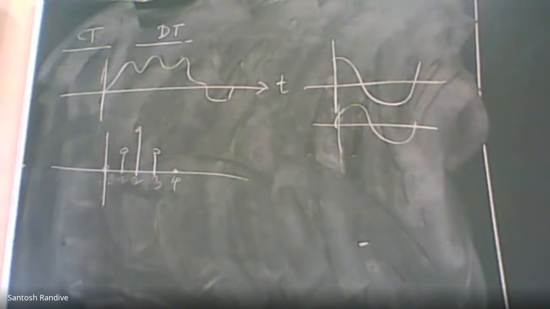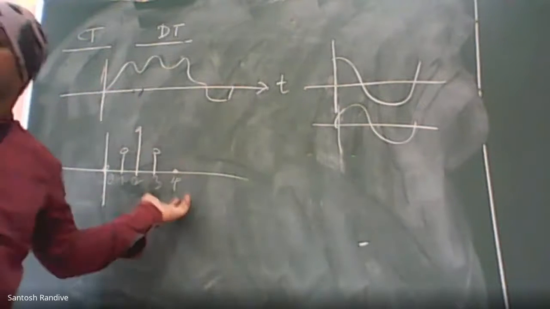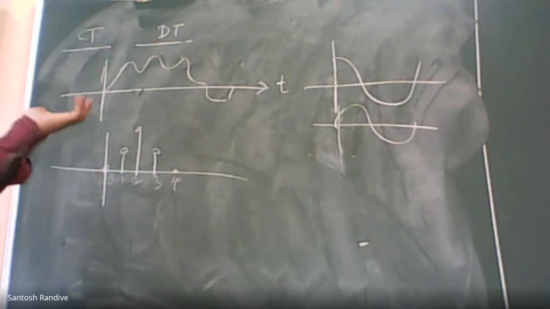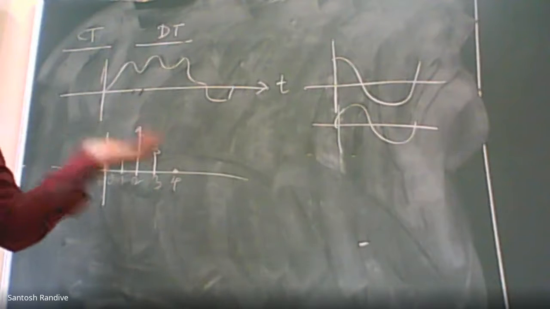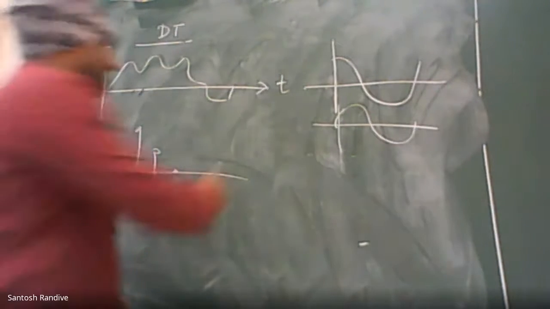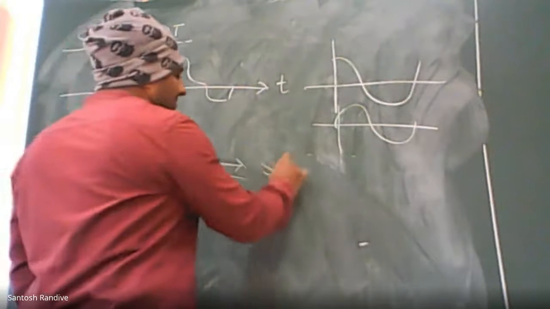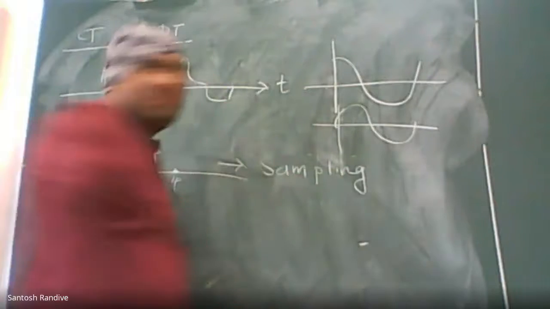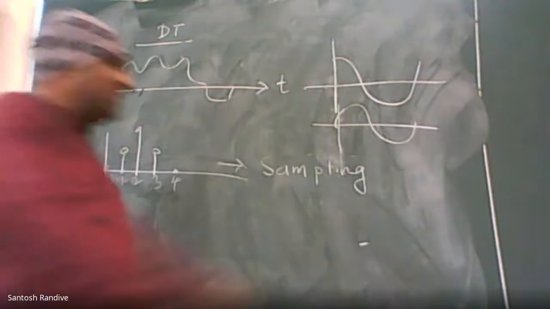The process which will convert your continuous signal to a discrete signal is called sampling. And this sampling comes with your sampling error.